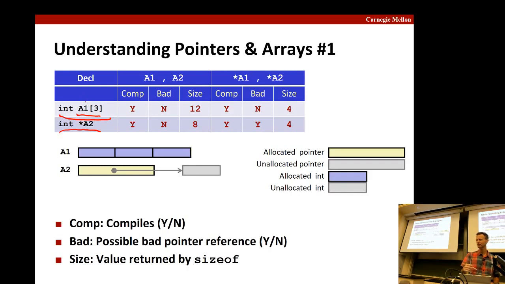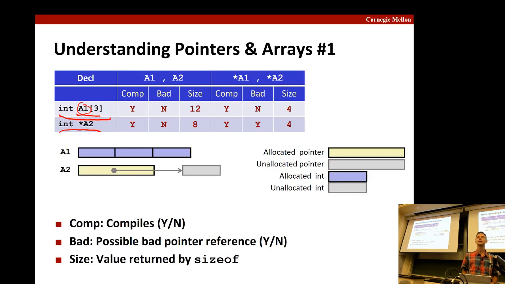It just depends on how you're referring to it. If you put in the size of A1, it will interpret that as saying, what I want to know is the size of this array, right? It'll be 12. Okay.